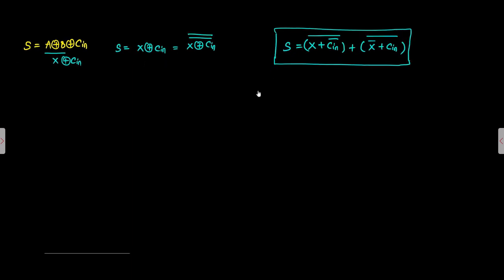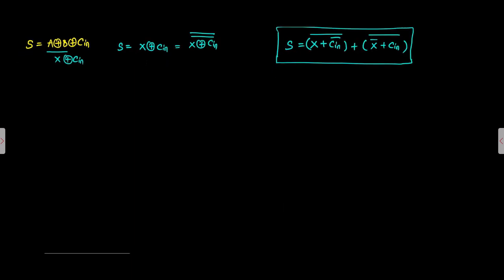Secondly, let us simplify in the same way the carry expression. So carry is for C out, output carry C out. C out is AB or (A XOR B) into Cn.